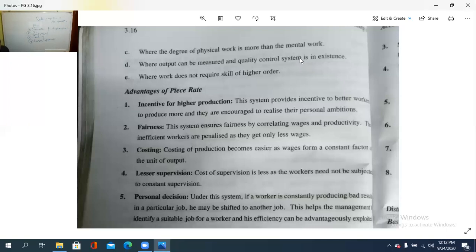So cost of supervision is less as the workers need not be subjected to constant supervision.